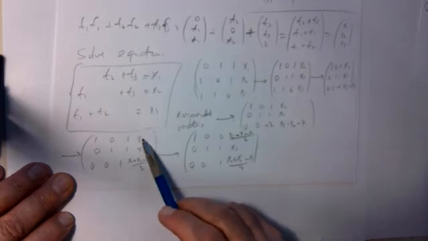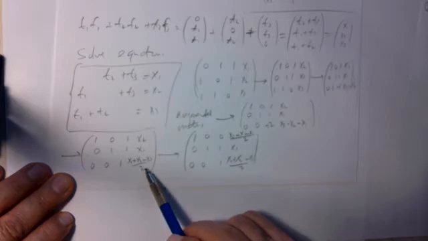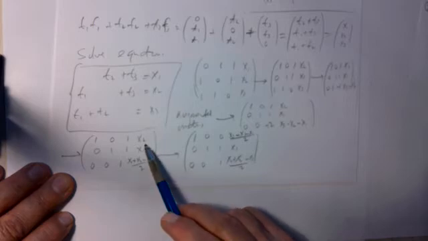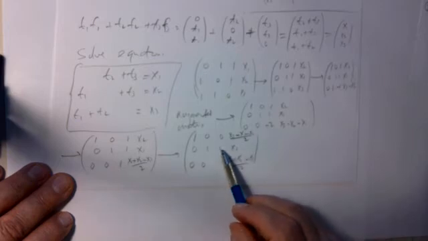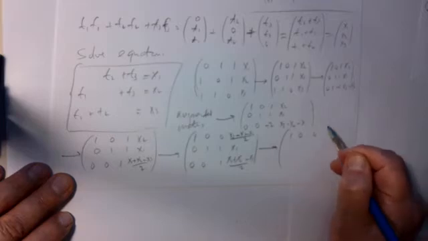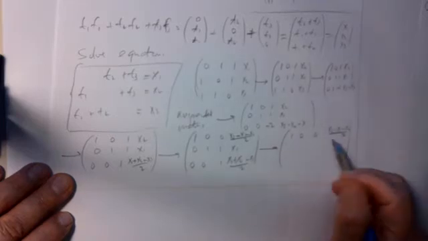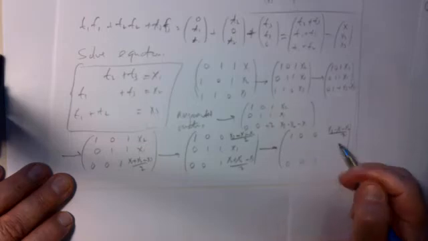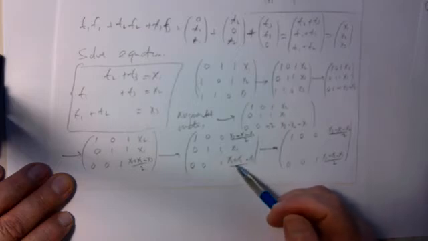That's this minus this. Minus x1 over 2 plus x3 over 2 minus x2 over 2. Okay, good. And then to get a 0 here, I have to take the second row minus the third row.